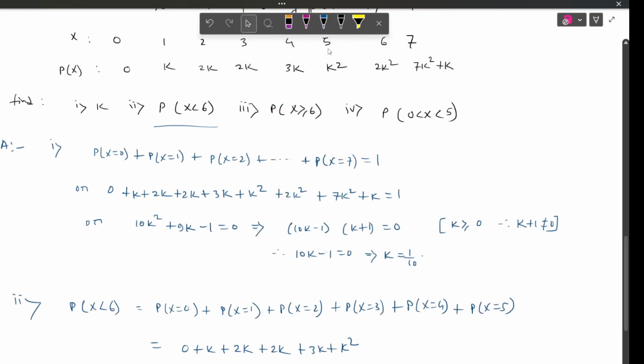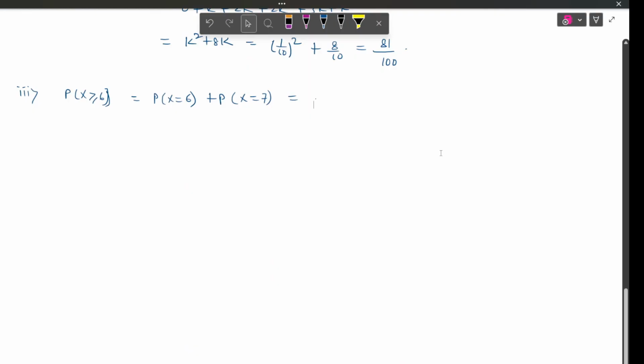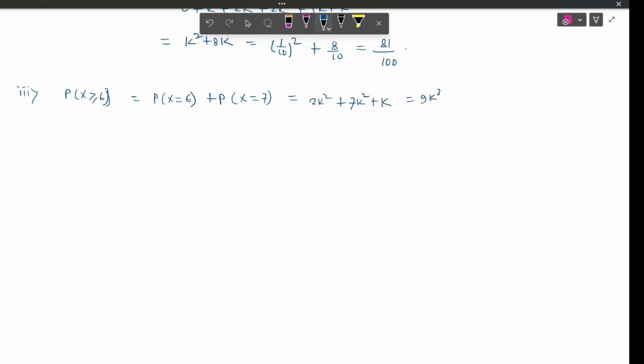X equals 6 is 2k square and X equals 7 is 7k square plus k. So this would be 2k square plus 7k square plus k, which is 9k square plus k. K is 1 by 10, so this is 9 by 100 plus 1 by 10. So this would be 19 by 100.